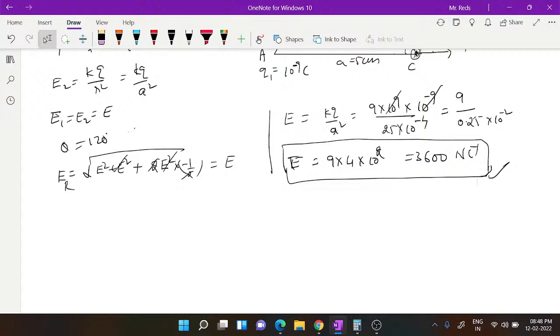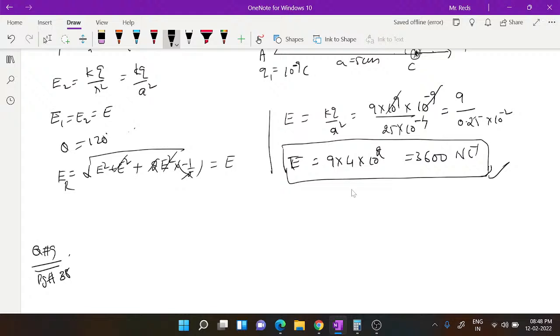Next, question number 9. The question is, if 4 into 10 power 20 electron volt is required to move a charge of 0.25 coulomb between 2 points, the potential difference between these 2 points is.